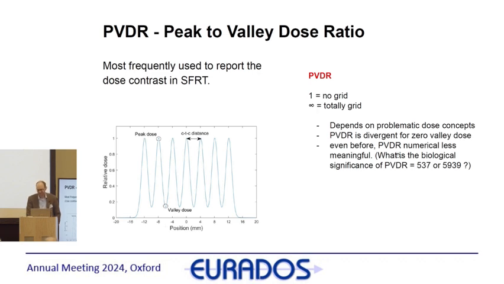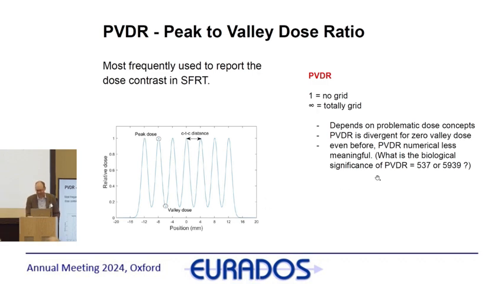I mean, PVDR, what is the significance if you have a PVDR of 537 or 5,939? The valley dose is close to 0, and good numbers should somehow relate to an observable in a nice way.